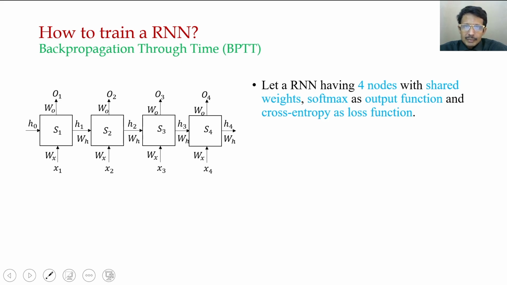What we have said is that this is our network, with 4 nodes and shared weights. Now we use softmax here as the output function; this is just an assumption. What is important is the loss incurred. When we generate output, we generally do not get exactly what we want, specifically in the initial epochs.